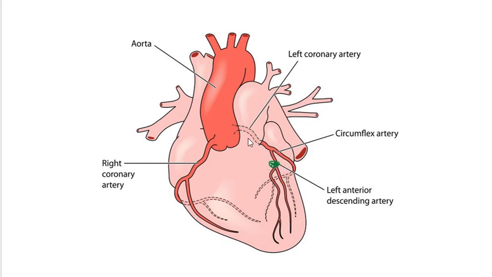It's called percutaneous coronary intervention, PCI, in which you insert a little guide wire over here and a small balloon, put it through the area of stenosis, and pump up that balloon.